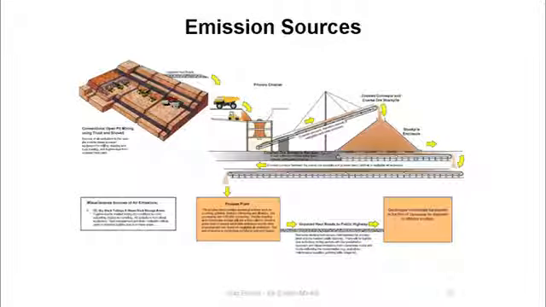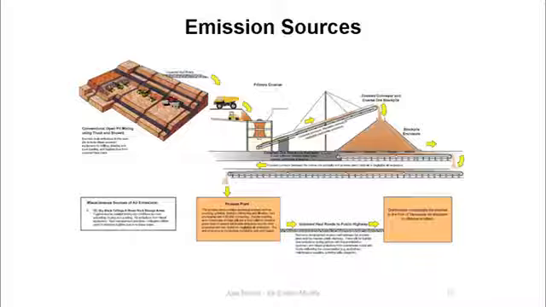A quick look at the emission sources to be considered. You've heard them mentioned a couple of times with other presentations. The in-pit sources, mobile equipment burning diesel fuel, in-pit sources moving material, loading it into trucks, hauling over haul roads, putting ore into the crusher and the conveyance system to get processed, moving overburden to the overburden storage facilities, and then also the tailings storage facility as one of the byproducts of the process plant.